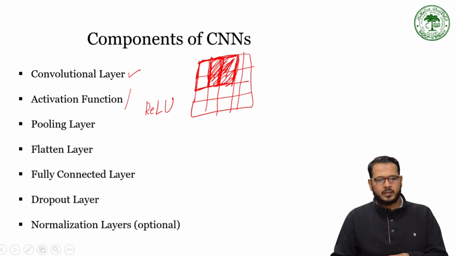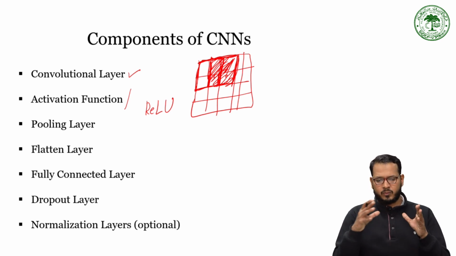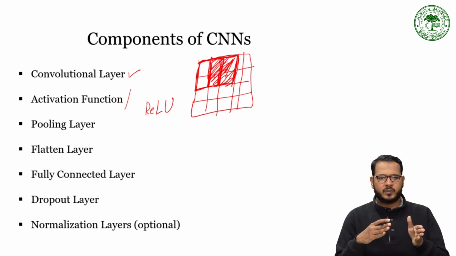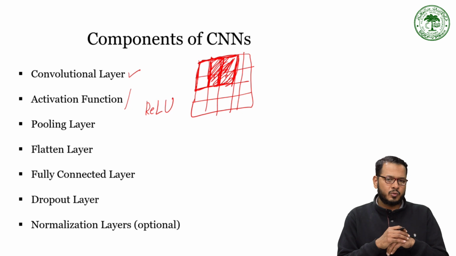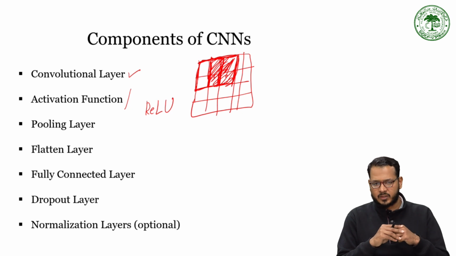Now after that, we usually have pooling layers coming up. So we have the convolution layer, then we apply the activation function. Afterwards, we have pooling layers. Pooling is used to reduce the dimensionality of each feature map by retaining the most important information.